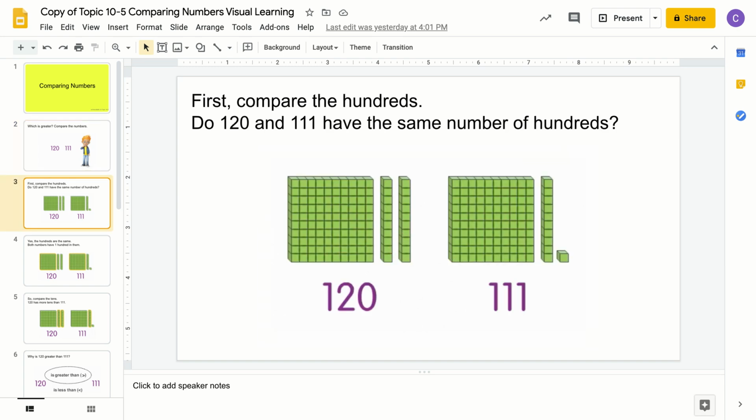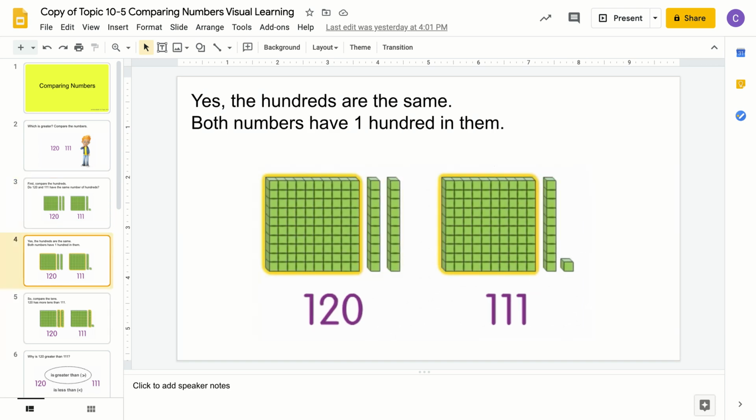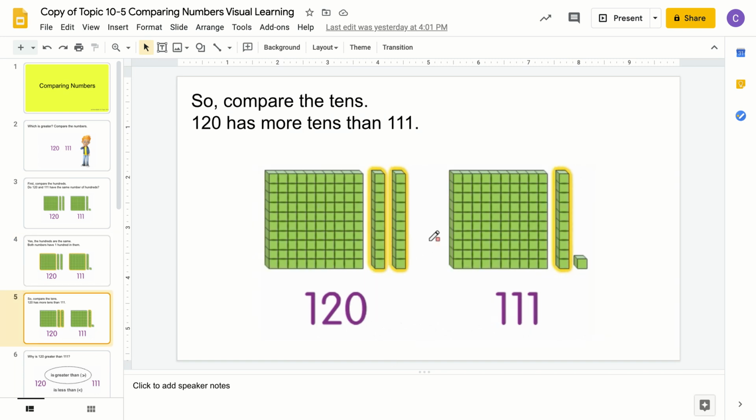We can also compare numbers by using base 10 blocks. So, do they have the same number of hundreds? They do. This one has 100 and this one has 100. But do they have the same number of tens? Right, they don't. This one has 2 tens and this one only has 1 ten.